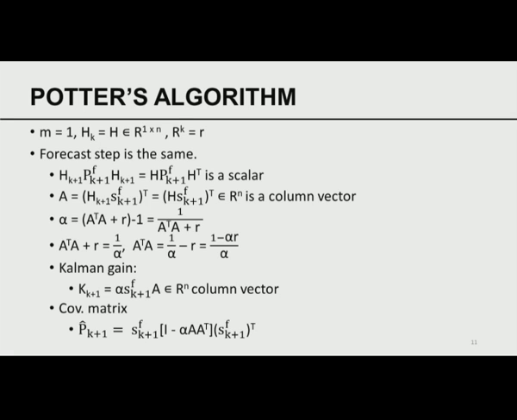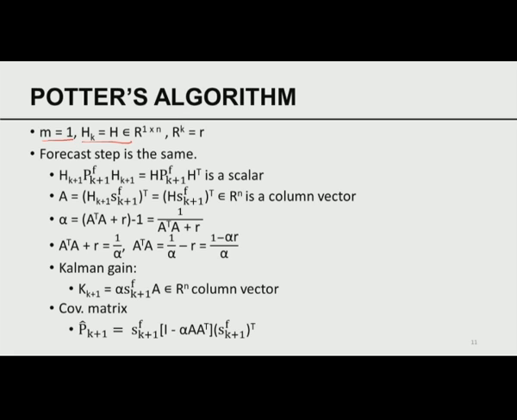now I am going to talk about what is called Potter's algorithm. Potter's algorithm is a further simplification of the application of the square root version of the Kalman filter equation. To illustrate Potter's algorithm, I am going to assume m is 1. That means I have only one single scalar observation.